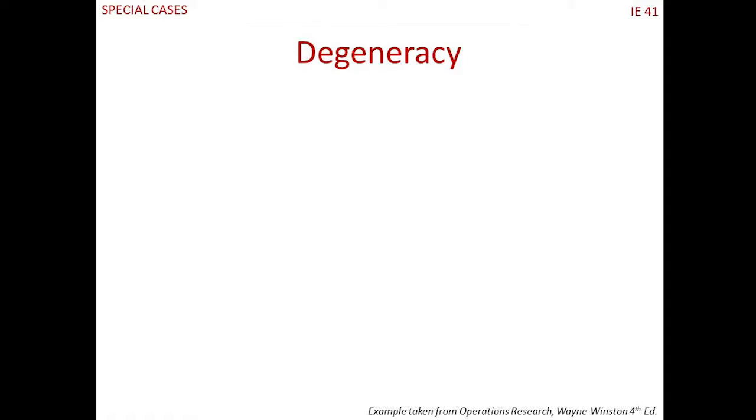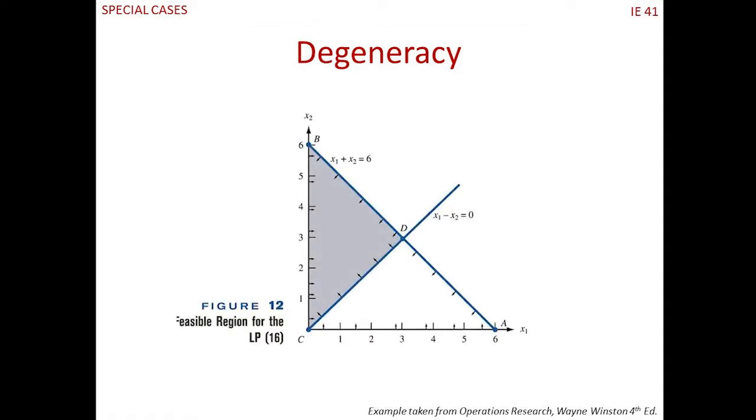We can see from the LP and the graph that the constraints x sub 1 minus x sub 2 less than or equal to 0, x sub 1 greater than or equal to 0, and x sub 2 greater than or equal to 0 are all binding at point C. Since at this point x sub 2 greater than or equal to 0 is binding and redundant, there will be more than one set of basic variables.